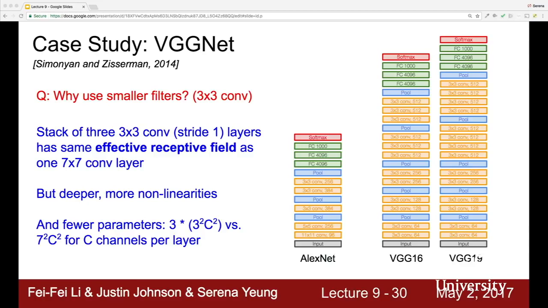So you get 3 times 3 times C times C for each of these layers, and we have 3 layers, so it's 3 times this number. Compared to a single 7 by 7 layer, where by the same reasoning you get 7 squared times C squared. So you're going to have fewer parameters total, which is nice.